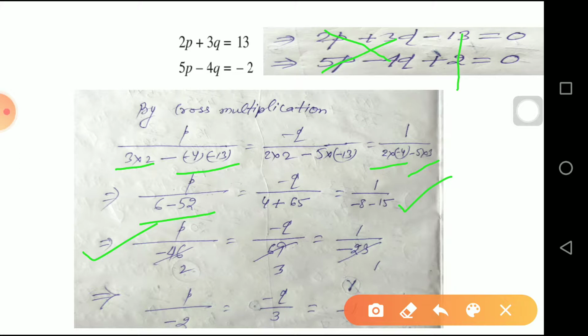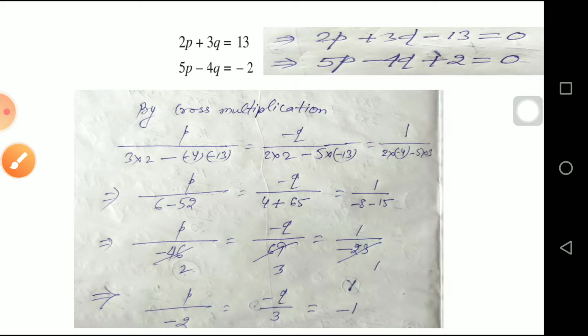If we divide the denominators by 23, 23 times 3 is 69, 23 times 2 is 46. After this, we will have p by minus 2 equal to minus q by 3 equal to minus 1.